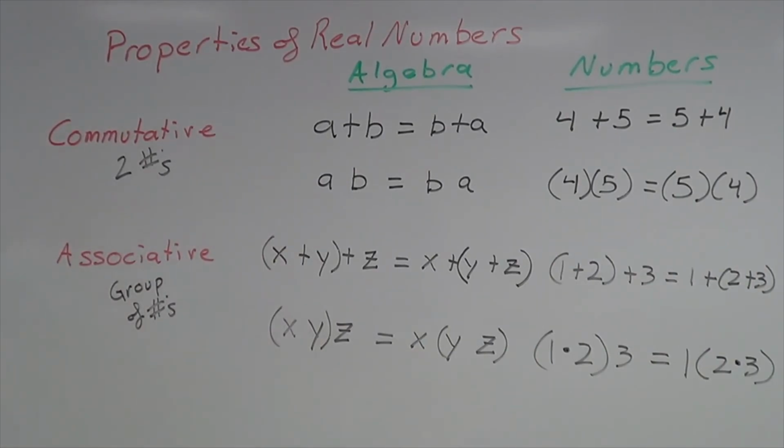That tells us it doesn't matter what order you add or multiply a group of numbers. It could be 3 or 4 or 5 numbers, it doesn't really matter. In this case, I'm just using 3. So those are two properties of real numbers: the commutative property of addition and of multiplication, and the associative property of addition and of multiplication.